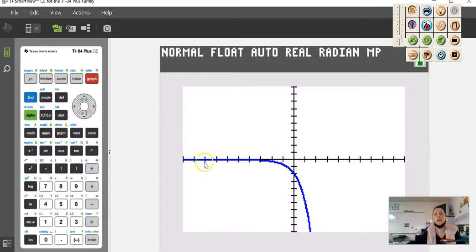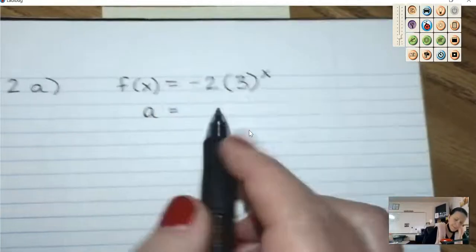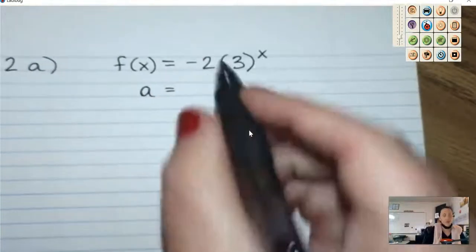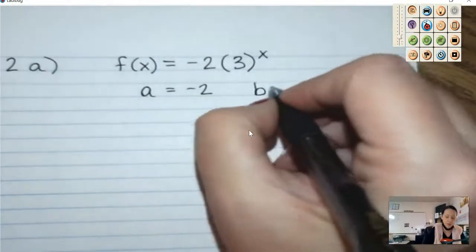Okay, now you'll see that the graph is going down. So it's still exponential. It has that smooth curve to it. Okay, the a value is -2. Your b value is 3.